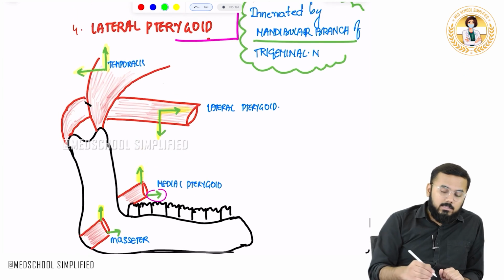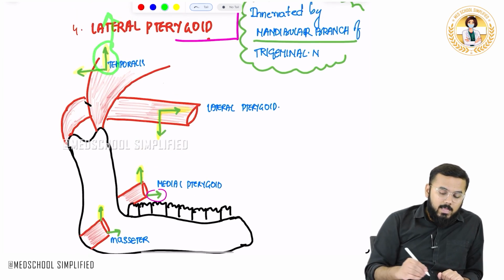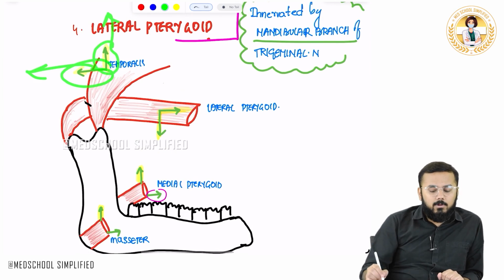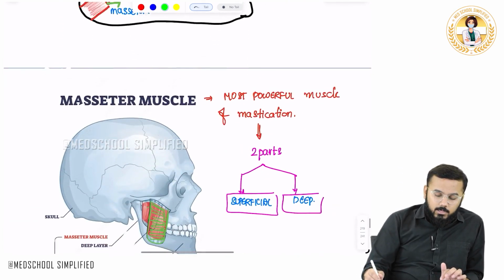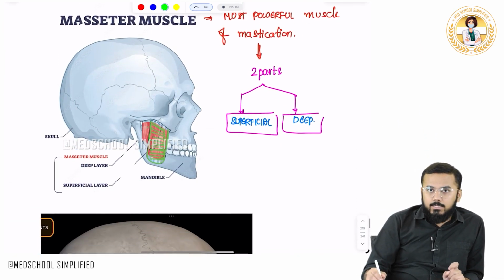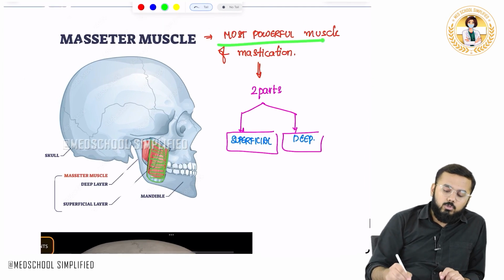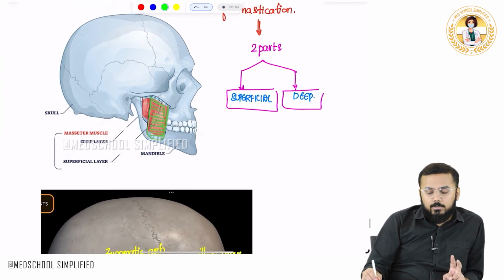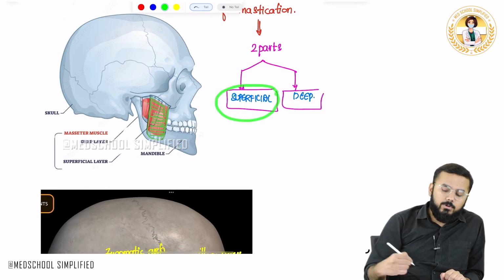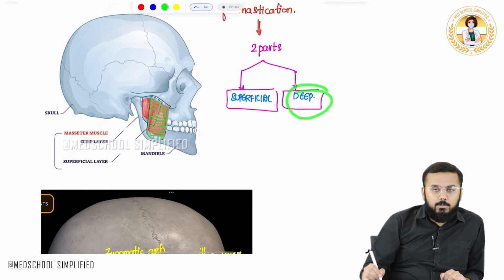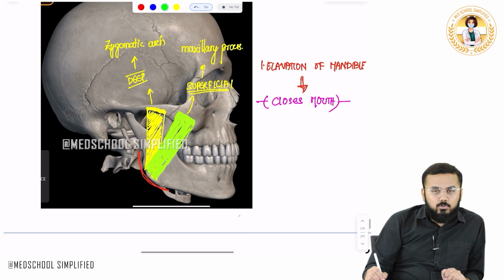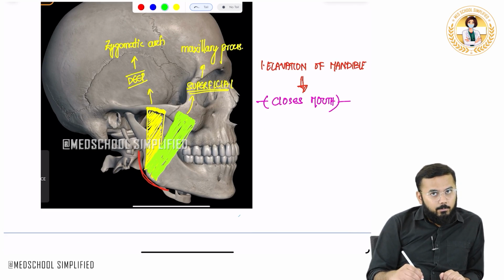Coming to the temporalis, there is elevation of mandible and there is a retraction of mandible. Retraction is back. Okay. So in masseter muscle, I told you that this is the most powerful muscle of mastication. It has got 2 parts. One is called as a superficial part, other one is called as a deep part. So from where does the superficial part originate? The superficial part originates from the maxillary process of the zygomatic bone.